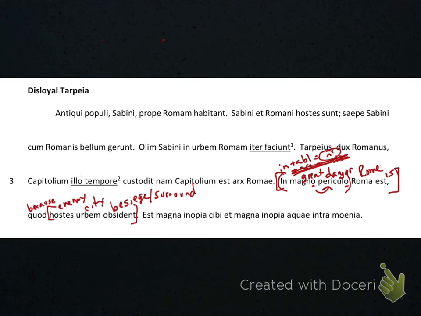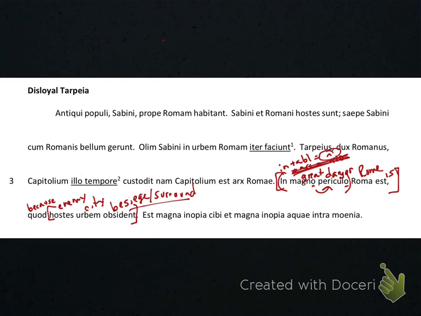Well, I have to look at the words in the sentence that the verb surround is in, and I am enemy and city. So let's just think about this with some common sense. Can a city surround the enemy? Now, we're not talking about the people who live in the city, but we're actually talking about the physical structures that make up the city.